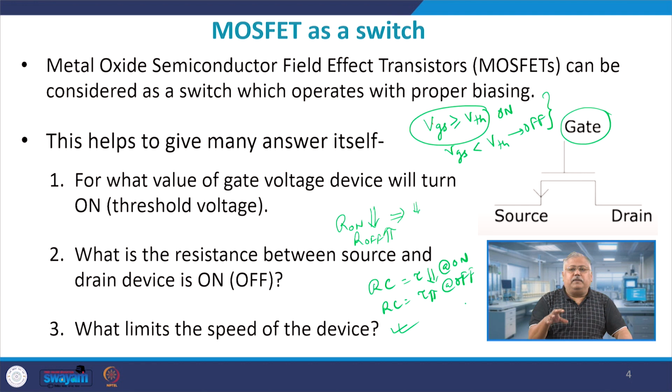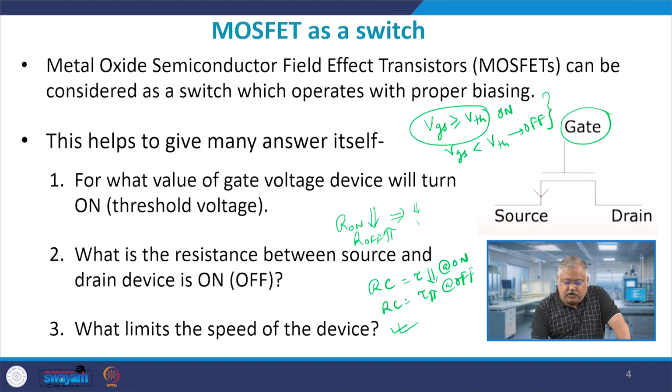The things which limit the speed of any device are its resistance and its capacitance. Now even if I assume that the capacitance of this device is constant, the resistance varies drastically from a very low value to an excessively high value, and therefore the tau value goes from very low to very high, right, and that is what the idea is.